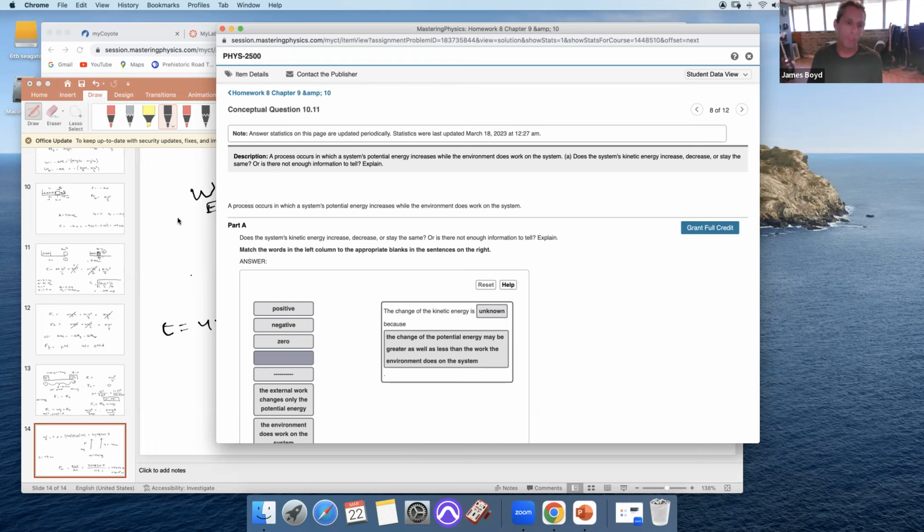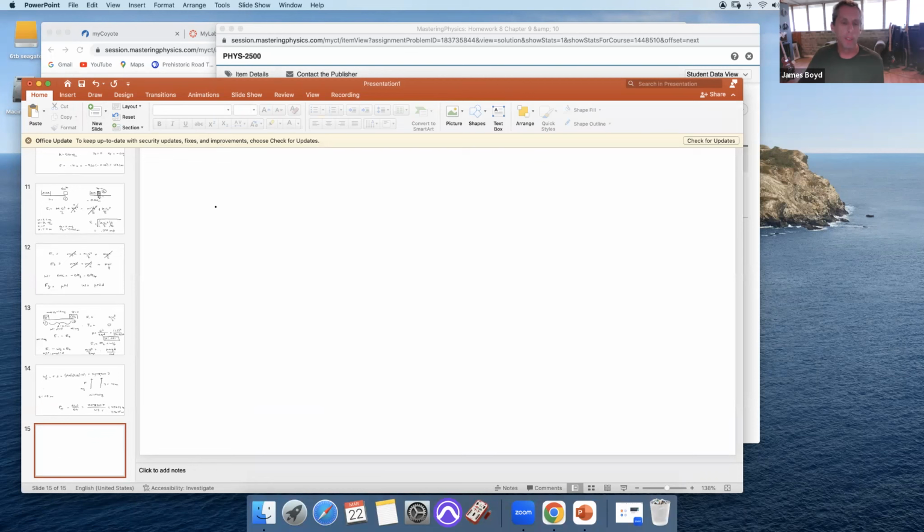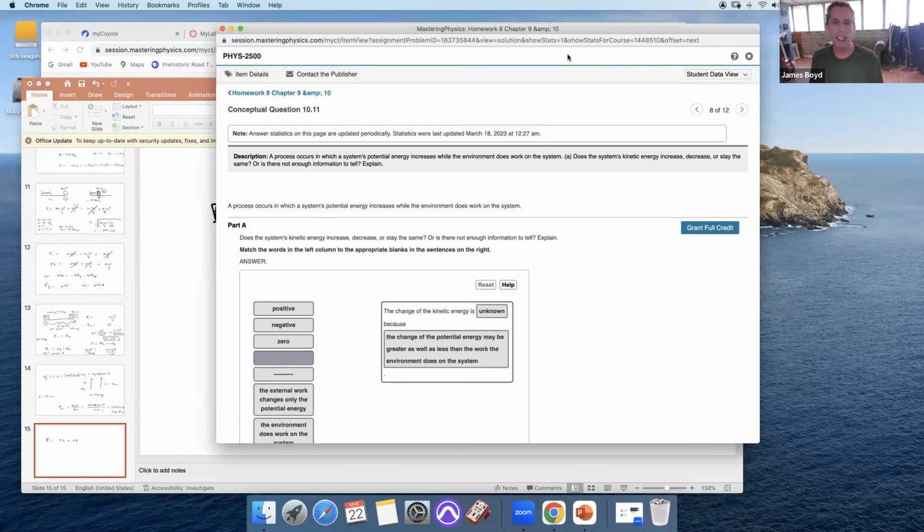In general, the mechanical energy is always some combination of potential energy and kinetic energy. As potential energy increases, kinetic energy should go down because E is conserved. However, in this process, we don't know that energy is being conserved. So even though the potential energy could increase, that doesn't mean that the kinetic energy isn't also increasing. We just don't know.